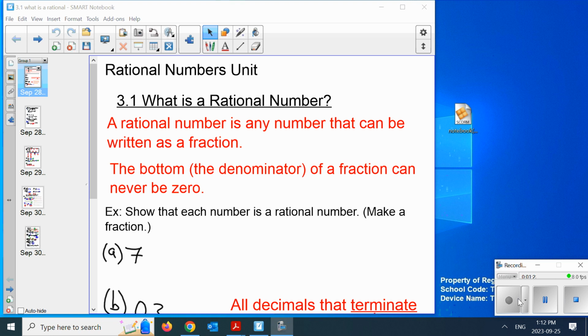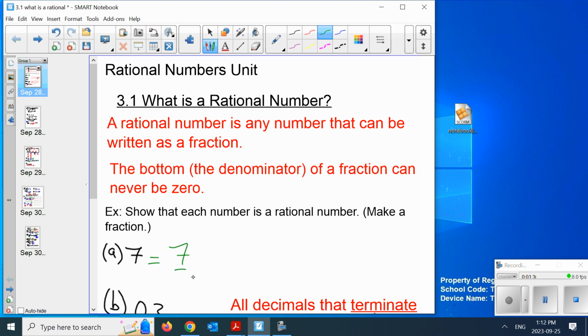The easiest number to divide by in my head is 1. So 7 over 1. It's a fraction, so it's a rational number. You could have put 14 over 2, but why be more complicated? 14 over 2 is also 7.